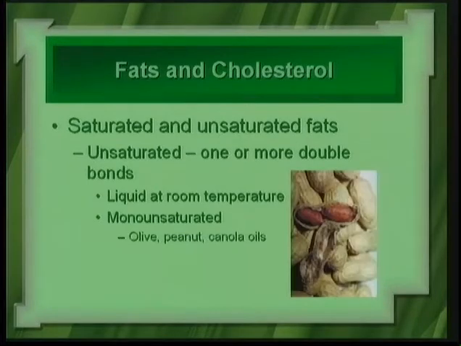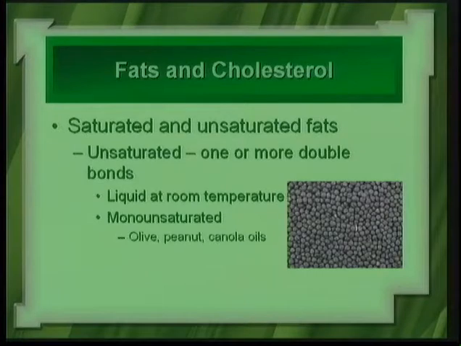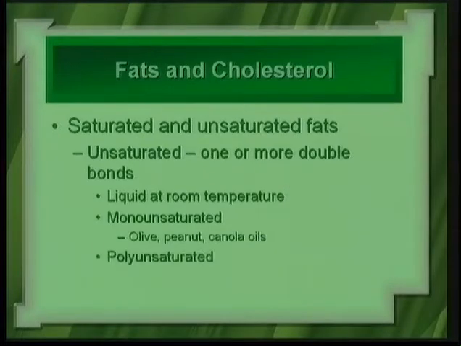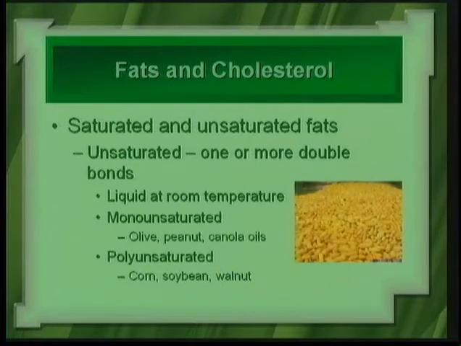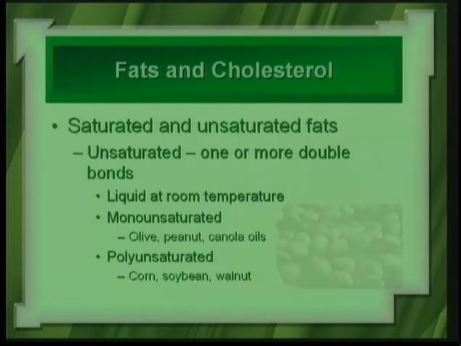Here we have olive oil, peanut, and canola seeds, which I think are called rapeseed, used to make canola oil. Then we have polyunsaturated fats, such as corn oil, soybean oil, made from soybeans, and walnut oil.